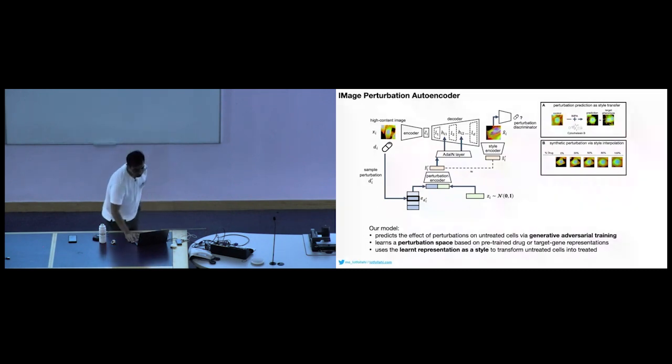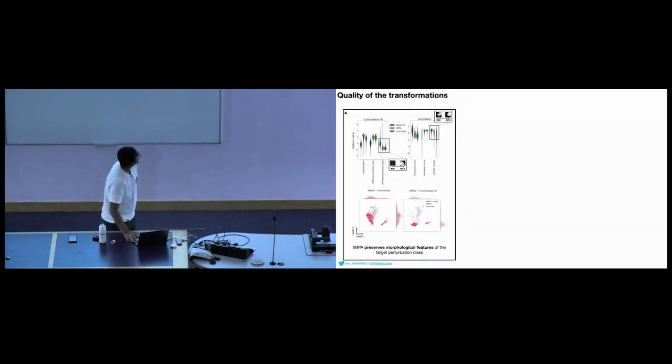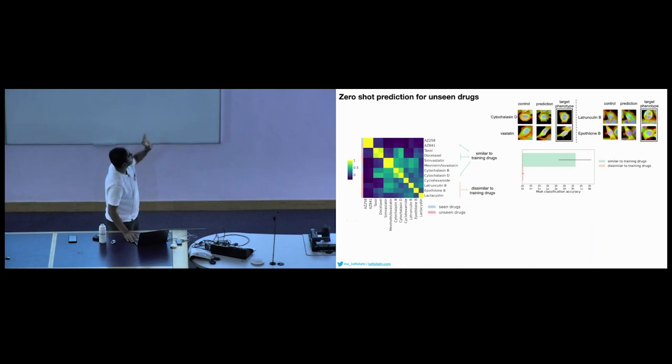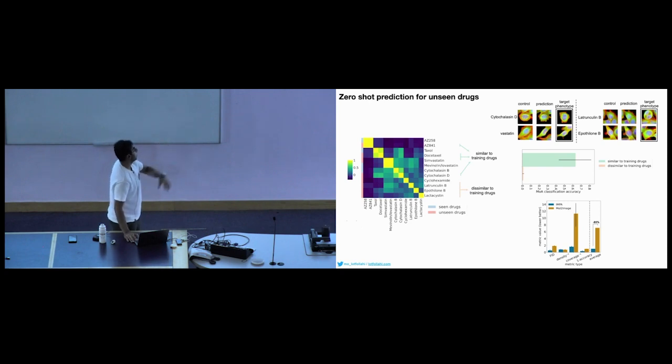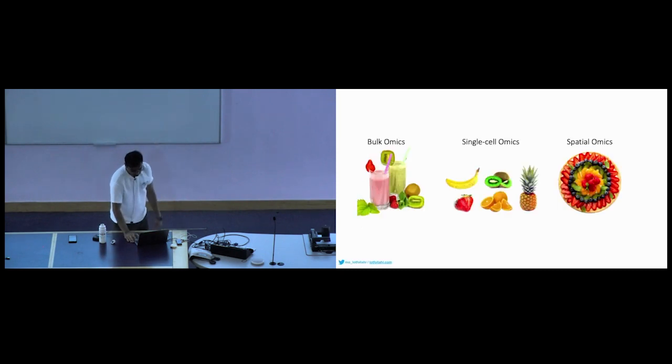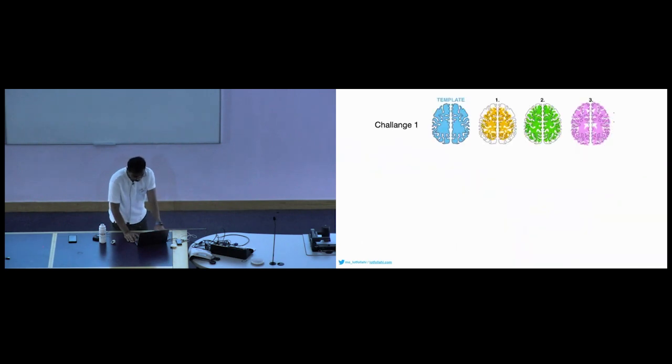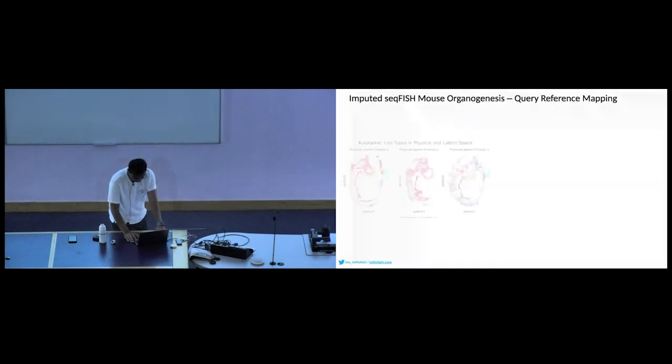And this is a generative model that allows for that. Compared to existing state-of-the-art approaches, we observed an 85% improvement on the task of unseen drug perturbation. I had a few slides on spatial transcriptomics, but I skipped that.